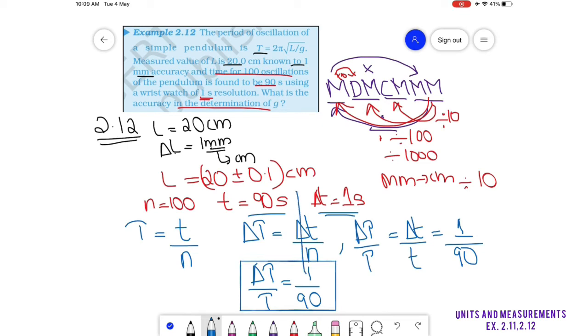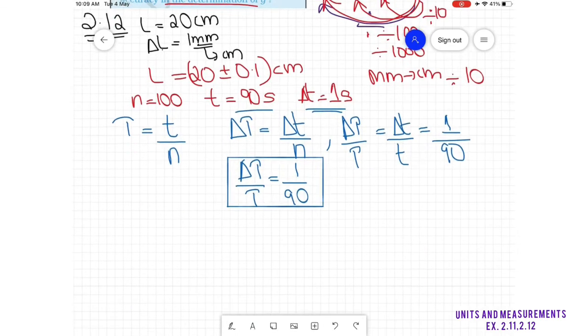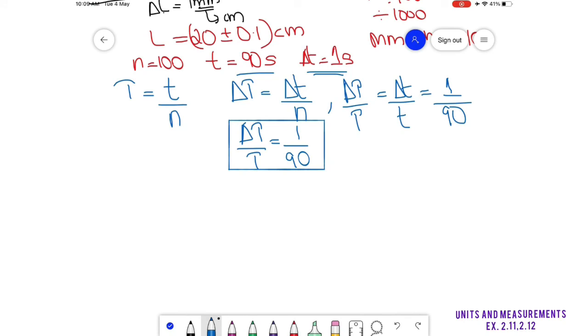Now you have to find out the accuracy in the determination of g. We know from the formula T equal to 2 pi root of L by g. By rearranging, we get g is equal to 4 pi square L by T square.